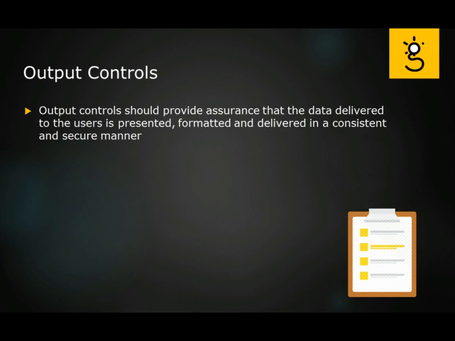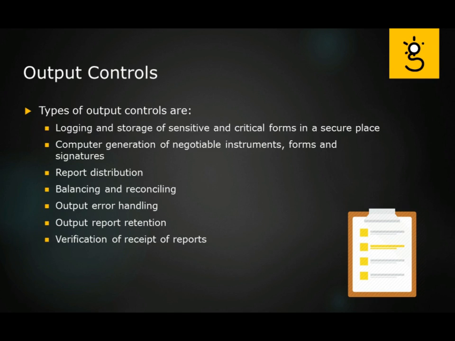Your output controls are designed to provide assurance that the data that's delivered to the user is going to be presented, formatted, and delivered in a consistent as well as a secure manner. Now, there are several types of output controls. They're going to be things like logging and storage of sensitive and critical forms in a secure place. There should be computer generation of negotiables, instruments, forms, and signatures.